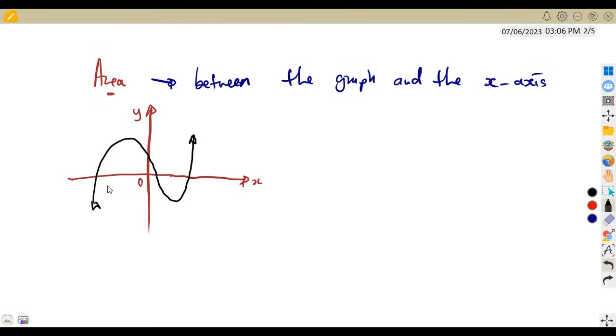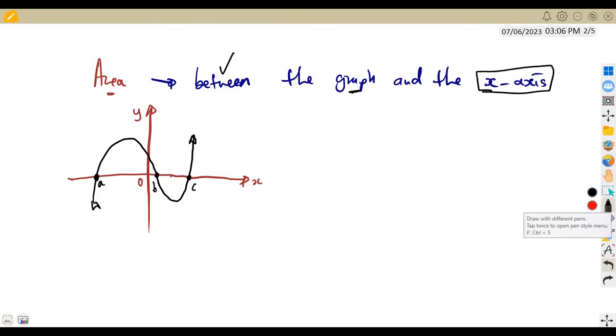On our cubic function, we can note that here we have got an x-intercept. Let's say this is our A. Here we've got an x-intercept again, let's say this is our B. An x-intercept, let's say this is our C. So, like I said, the area that we are calculating is between the graph and the x-axis. This is where we are calculating our area, between these two.